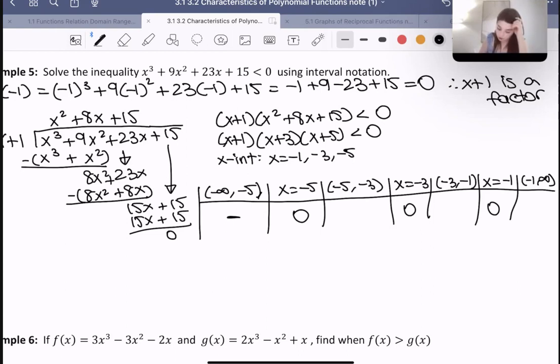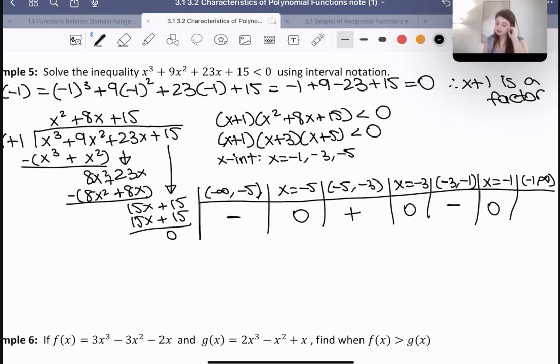So overall, we'd get negative times positive, which is positive. What about from -3 to -1? Let's choose -2. We'd end up with a negative for the first one. So -2 plus 1 is -1, times 3 minus 2, which is +1, times 5 minus 2, which is 3. And so that's going to end up being a negative times a positive, which is negative.